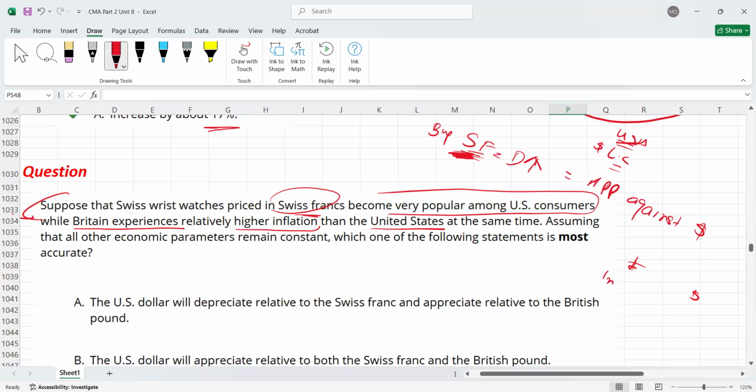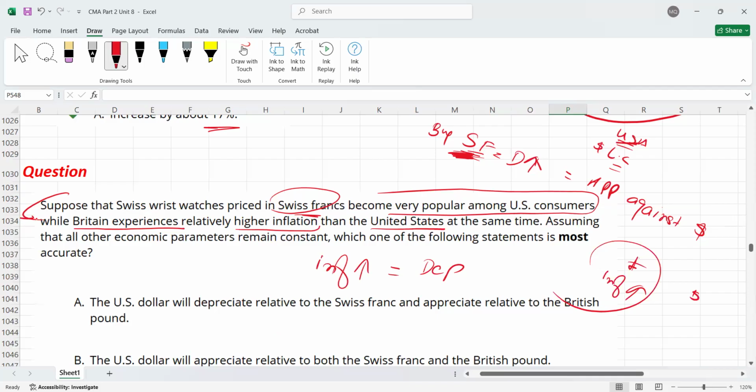Please remember the rule for inflation: if inflation is high in any country, that currency will depreciate. For example, if inflation is high in the UK, the UK pound will depreciate. If inflation is high in the USA, the dollar will depreciate.